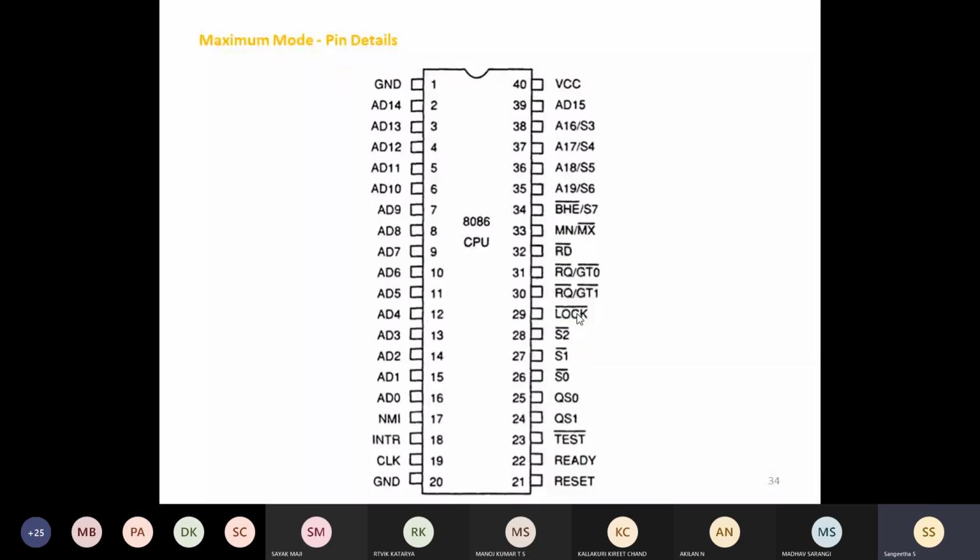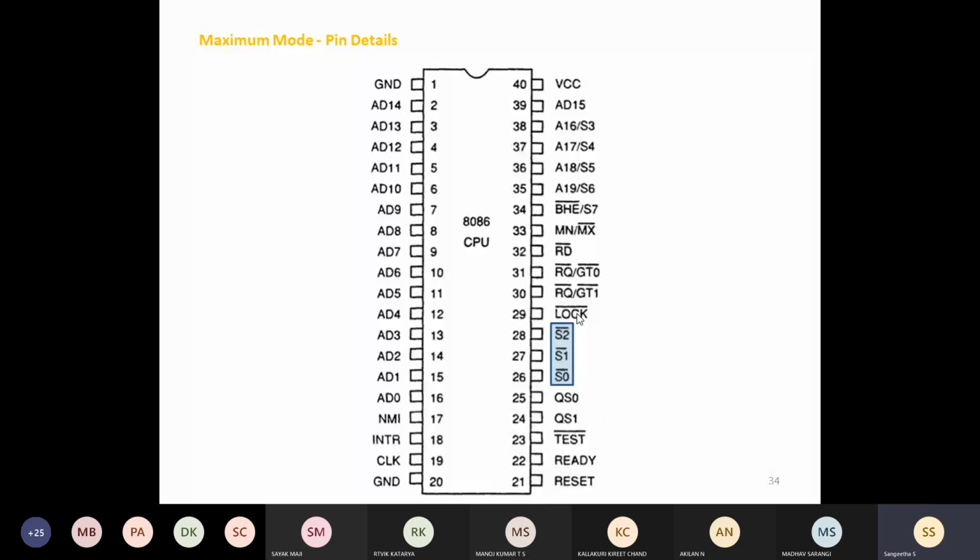Similarly for maximum mode, instead of the previous signals, you have RQ bar and GT, which indicate request and grant, and you have S0 to S2. These also indicate status lines, carrying what kind of operation is carried out by the processor.